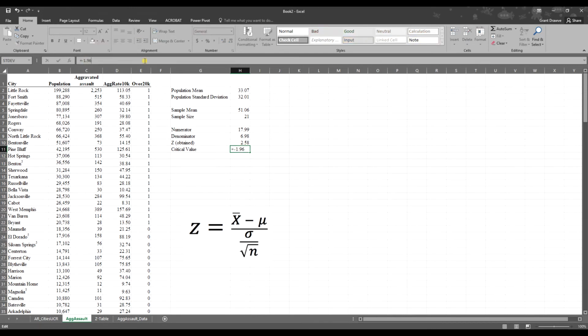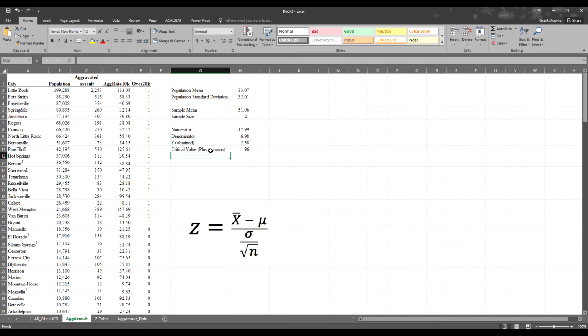It's getting rid of it for me, but remember that it can be plus minus 1.96. There we go. Plus or minus as a note. So with that, our value is further into the tail, signifying that we can reject the null hypothesis that there is equality.